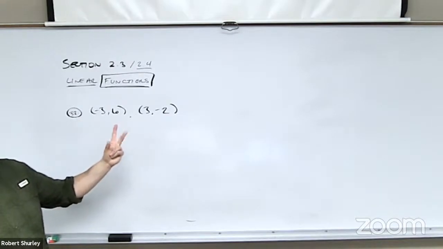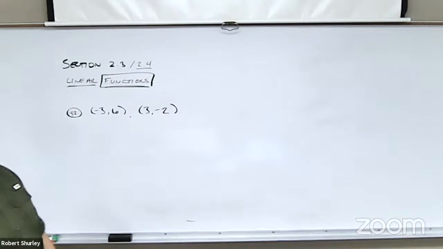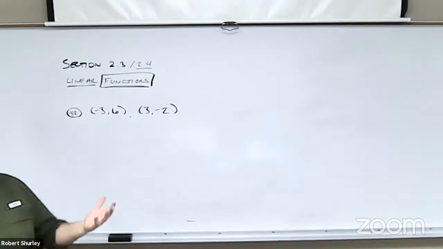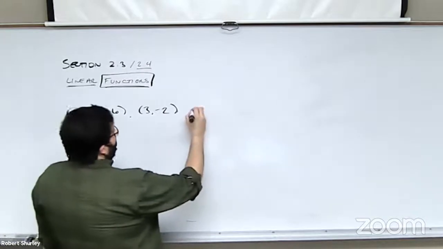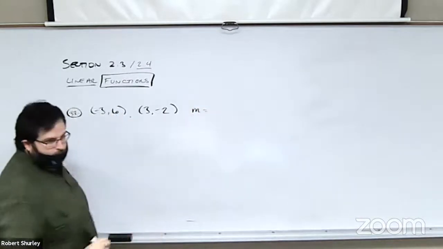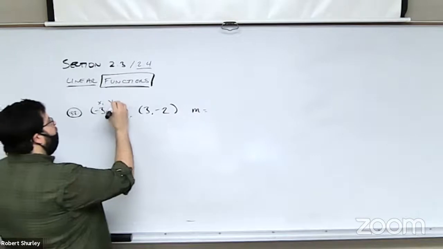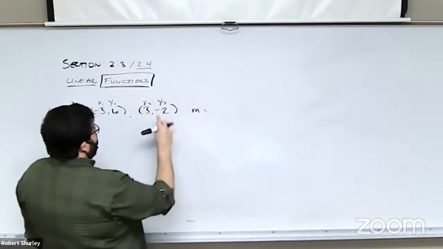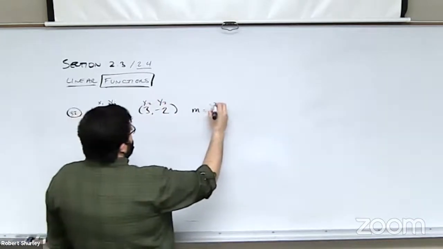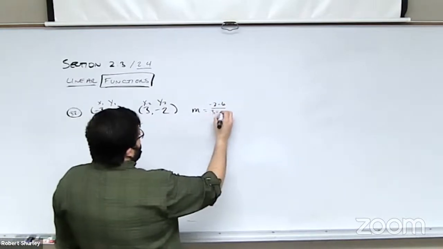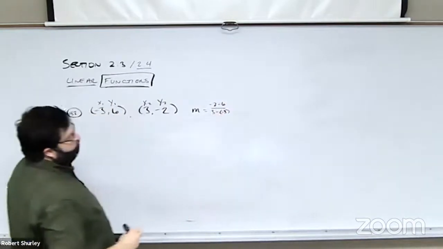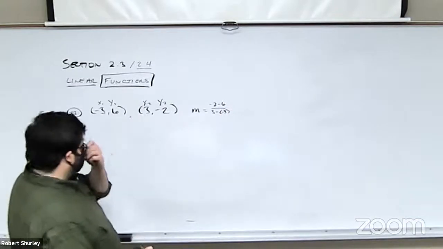2 points, but I need to find the slope. So we've got to do that first, because we need it for the point slope form. I'm going to write it over here. M equals, now remember this is x1, y1, x2, y2. So -2 minus 6 over 3 minus a -3.